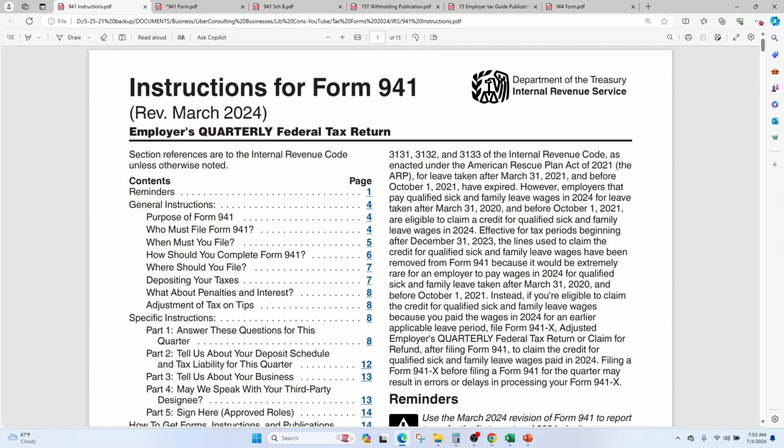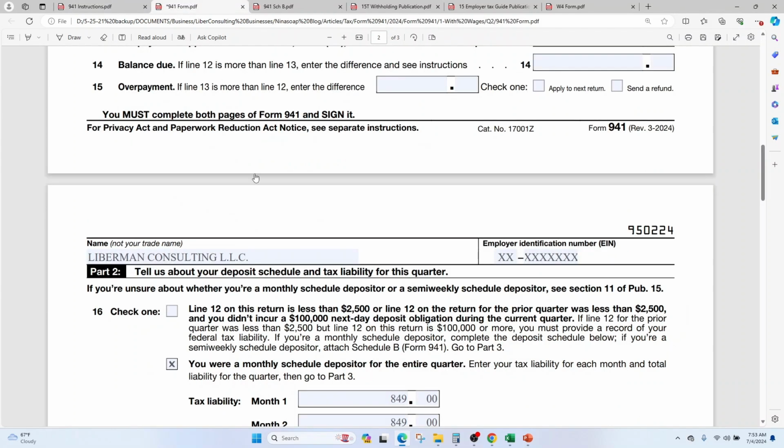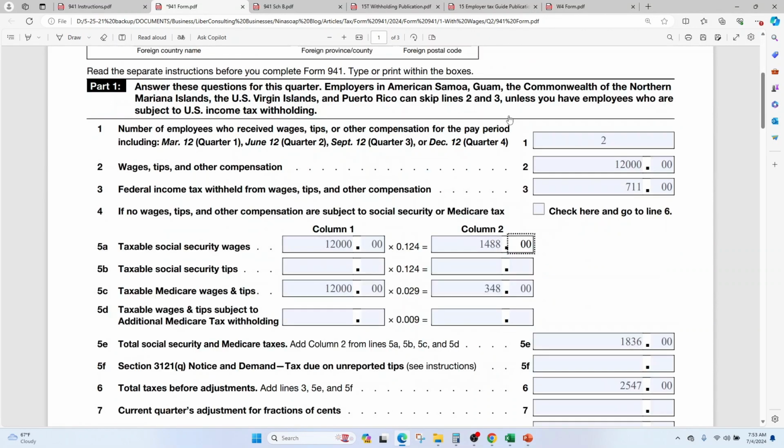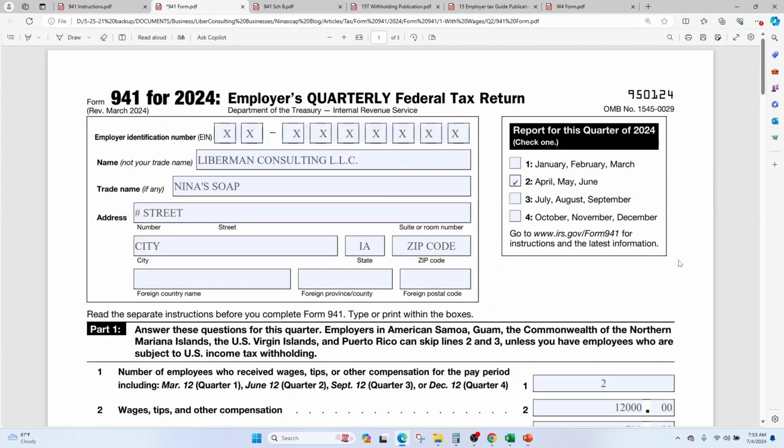So we are using the instruction for Form 941 2024, and we are filing Form 941 for 2024.